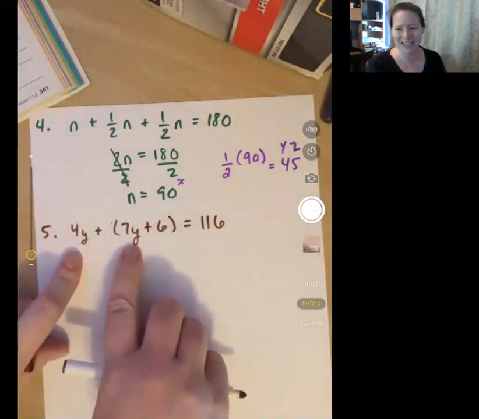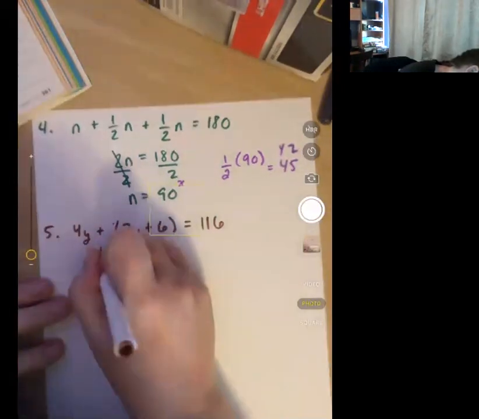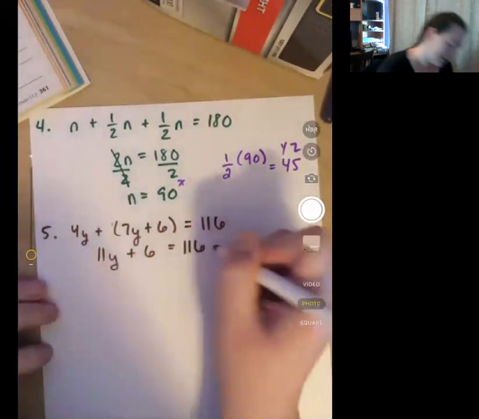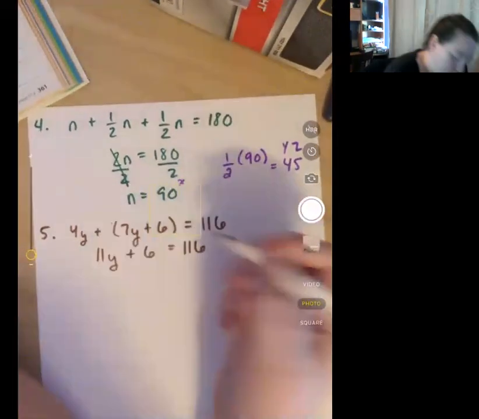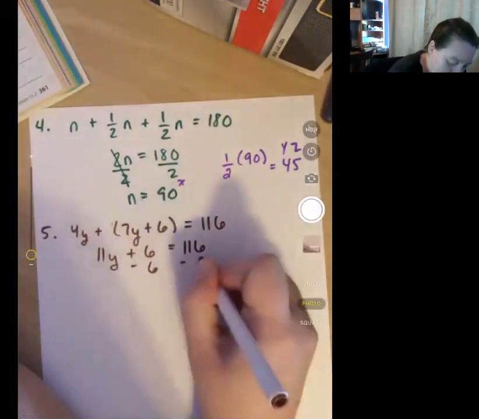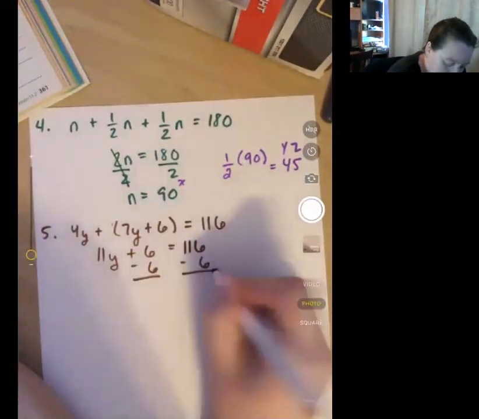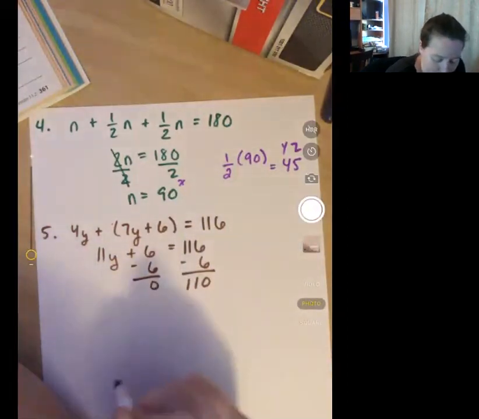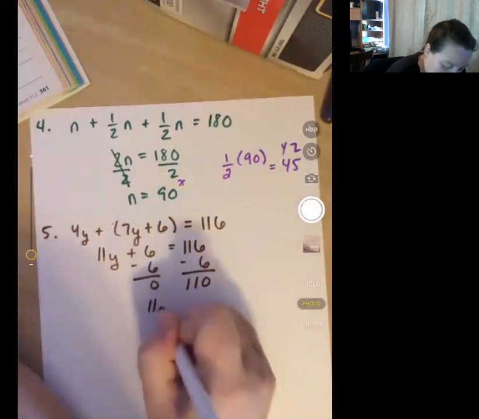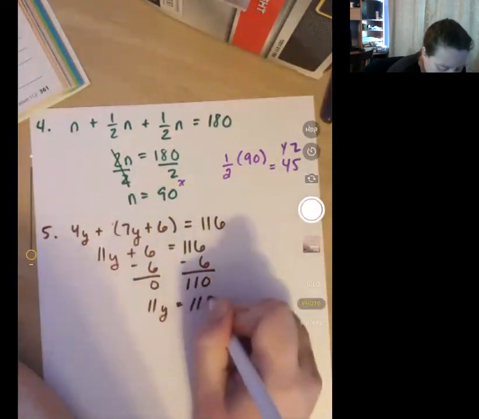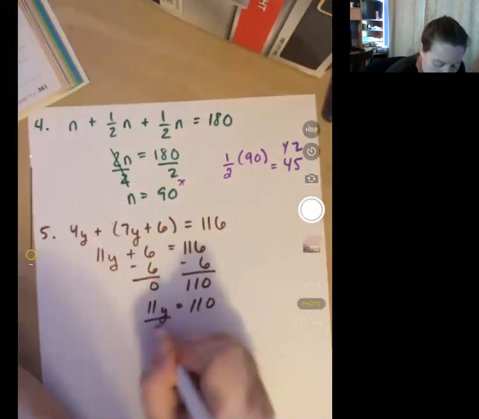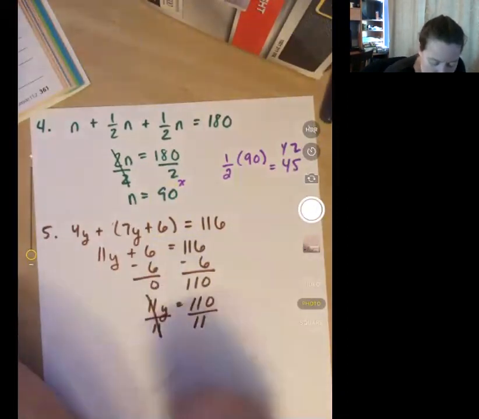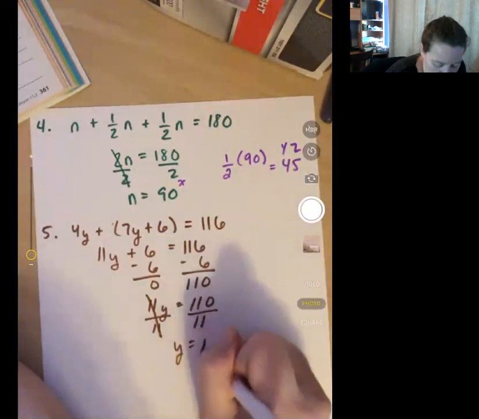So 4 plus 7 is 11. So I have 11y plus 6 is equal to 116. I'm going to subtract the 6 from both sides. Gives me a 0 there and 110 here. I have 11y is equal to 110. Divide by 11. That crosses out, and I end up with y is equal to 10.